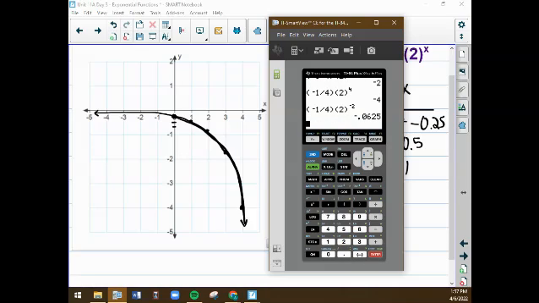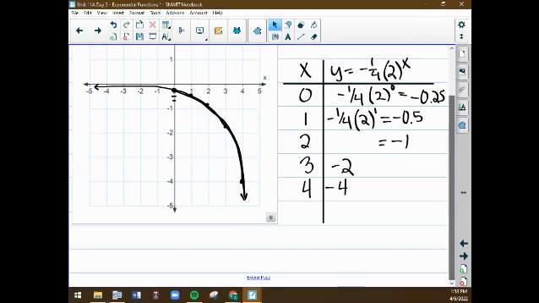Negative 0.0625. If I take that and multiply it by negative 3, getting closer and closer to 0, but not reaching it. If I change that to negative 8, again, e to the negative 4th means times 10 to the negative 4th.